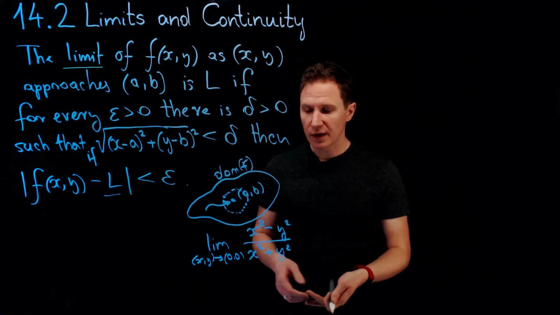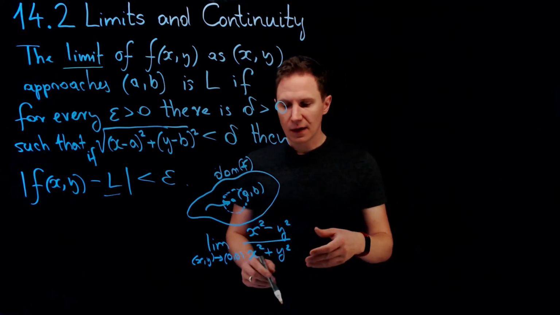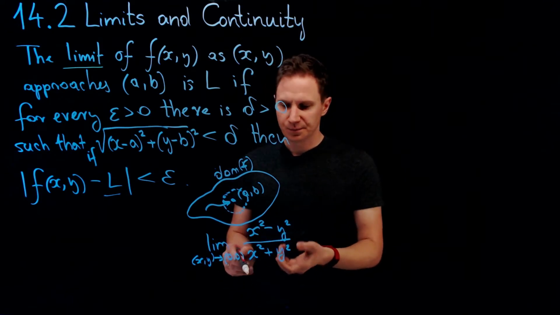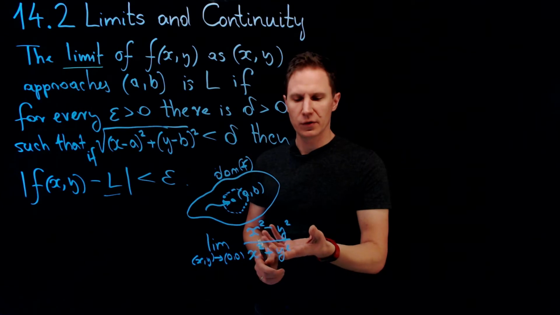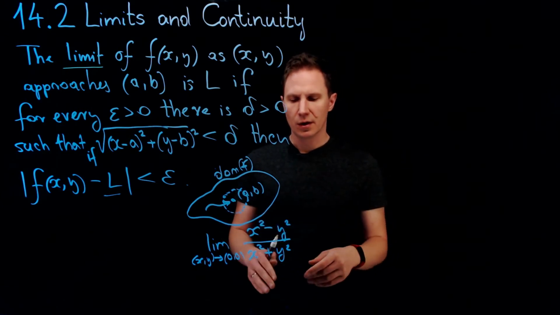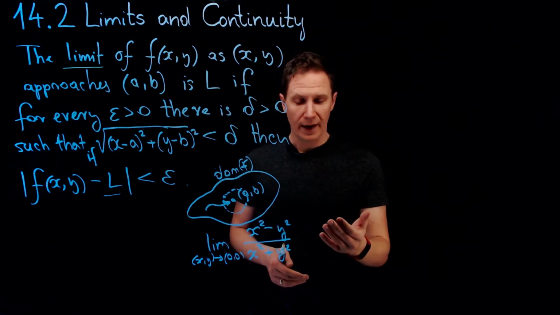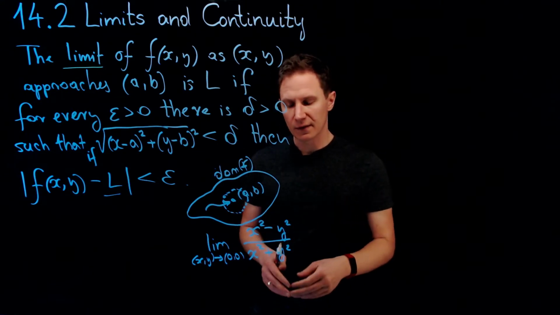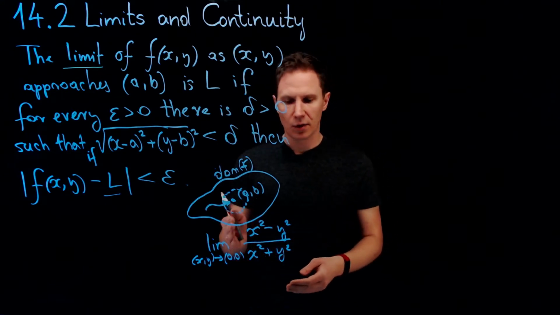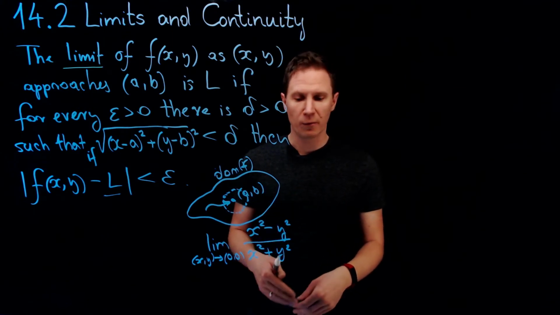I hope you paused it and realized that since this function approaches different values depending on whether you go along the x-axis or the y-axis, this limit does not exist. Let's imagine that you are approaching along the x-axis, when y is equal to 0.